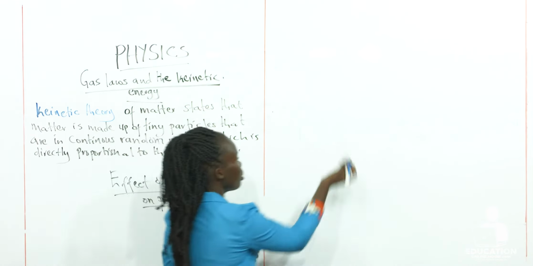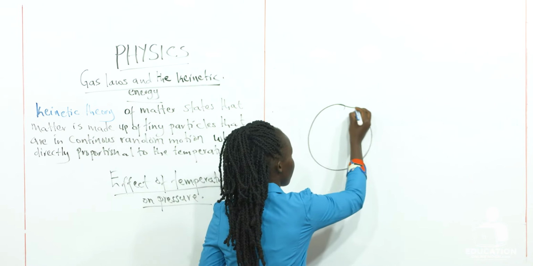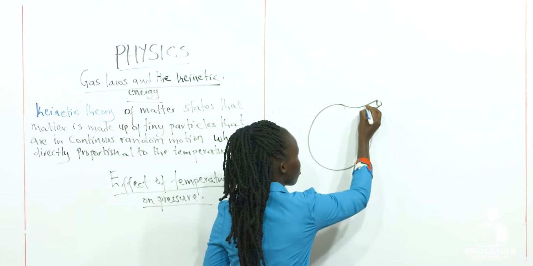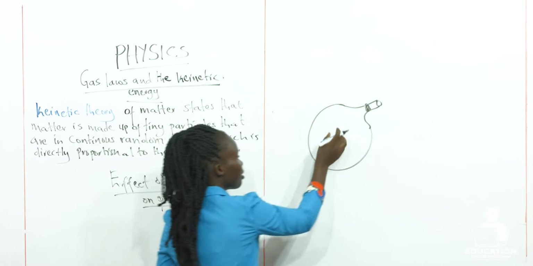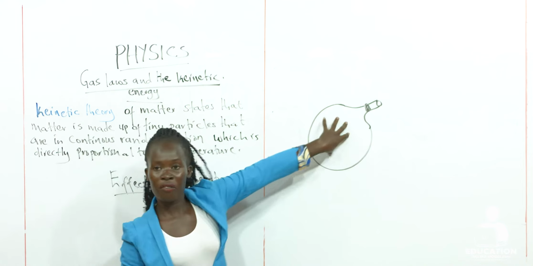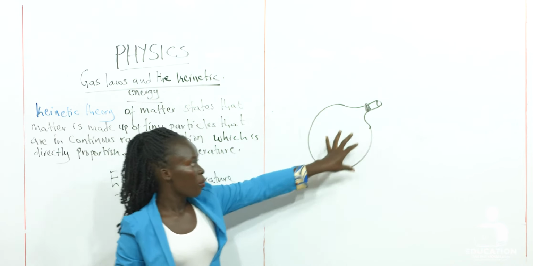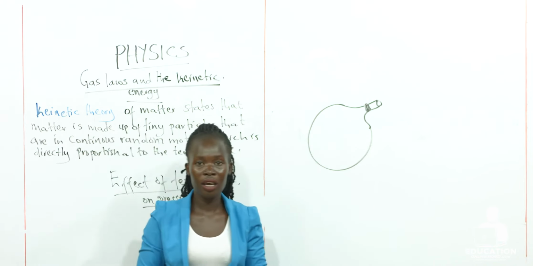This is our balloon. We tie it somewhere here so that we can maintain the mass of the air we blew inside it. Now when it is under the shade, it has a different temperature.